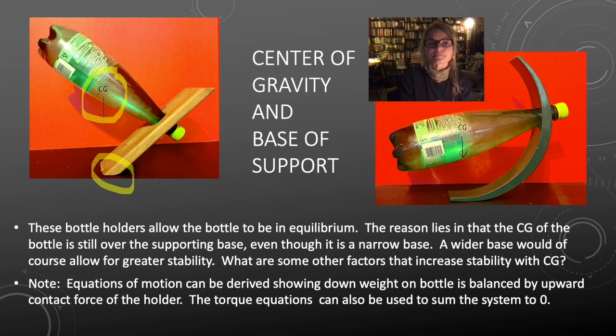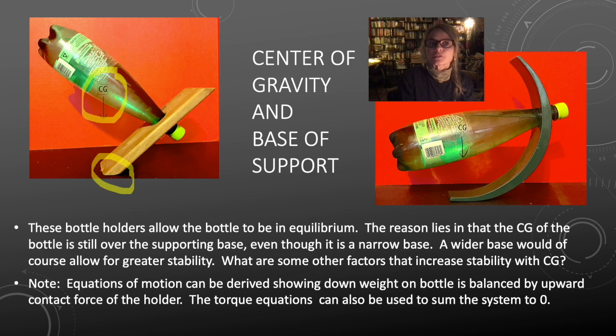This base of support is pretty narrow. The wider the base of support, the better balance and stability an object will have. You always want the center of gravity above the base of support, and this allows it to be in a state of equilibrium.